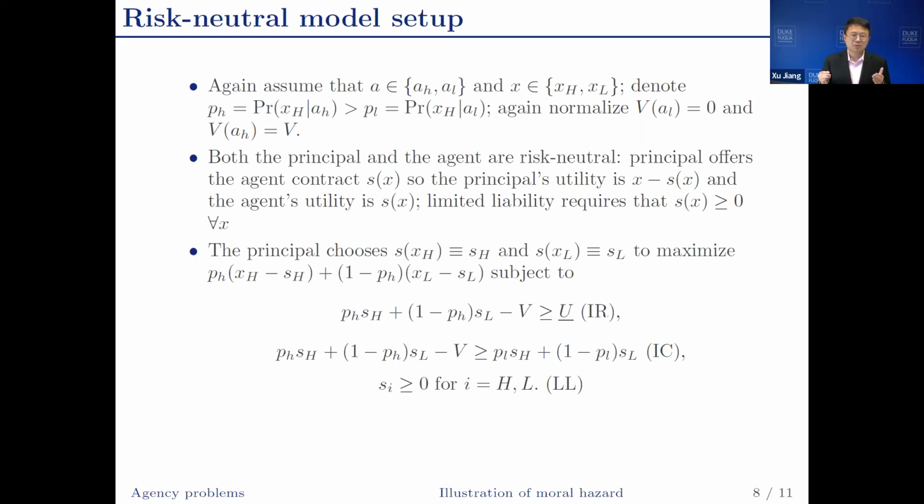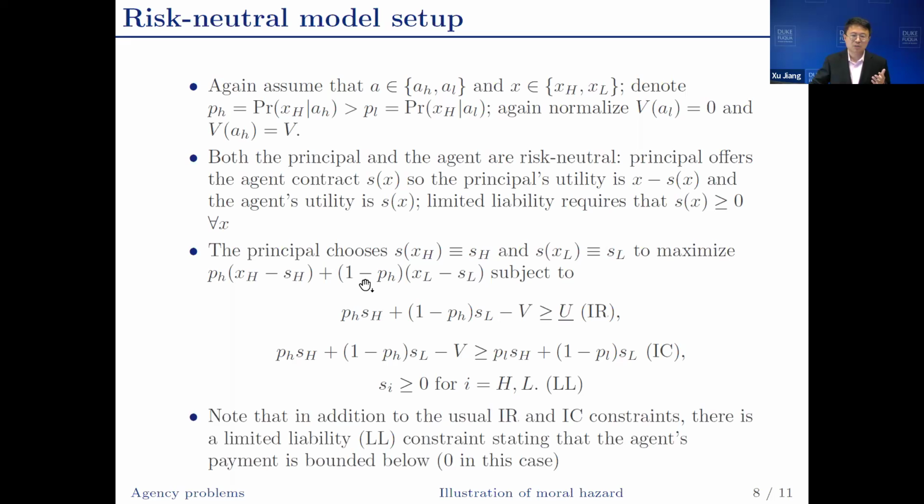The principal is risk-neutral, so the payoff function is the same as in the risk-averse case. Now, subject to 3 constraints: in addition to the usual IR and IC constraints, the limited liability constraint here means that the agent's payment has to be bounded below by some lower bound. And without loss of generality, we set that to 0.